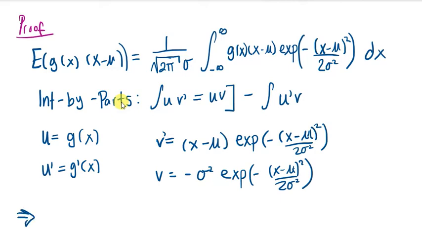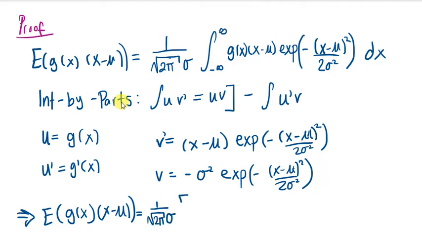So this means that the expected value, g of x, x minus mu, is equal to 1 over the square root of 2 pi sigma g of x times negative sigma squared, and put that negative up in front, exp minus x minus mu squared over 2 sigma squared.